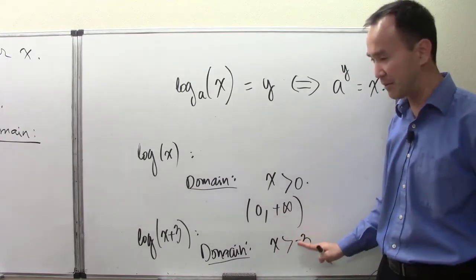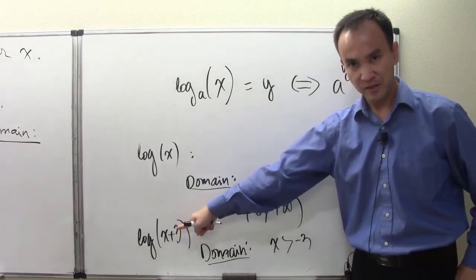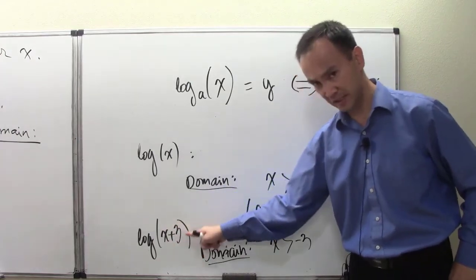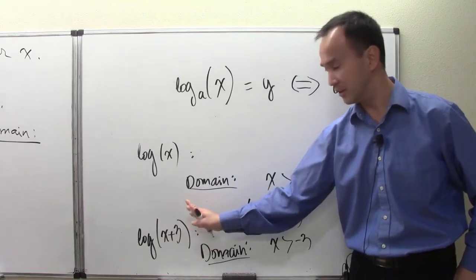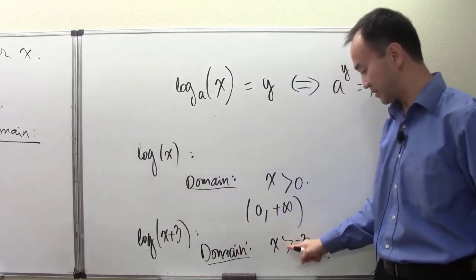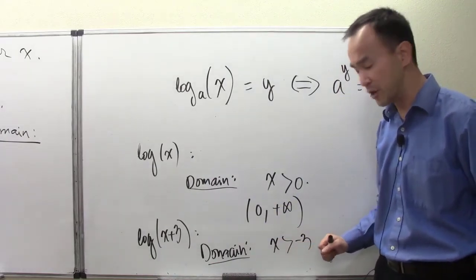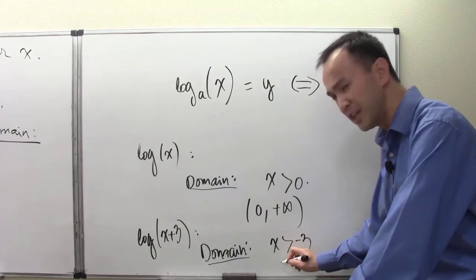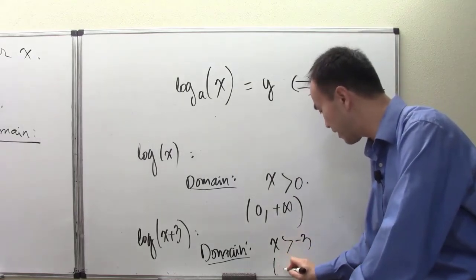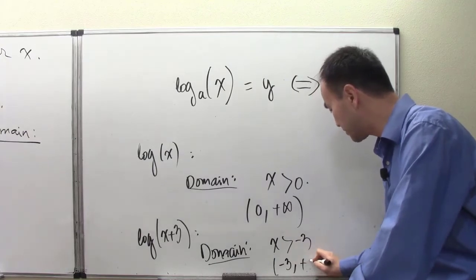The argument of this logarithm is a little more than just a simple x variable. So the domain here is x greater than negative 3, or in interval notation, anywhere between negative 3 and positive infinity.